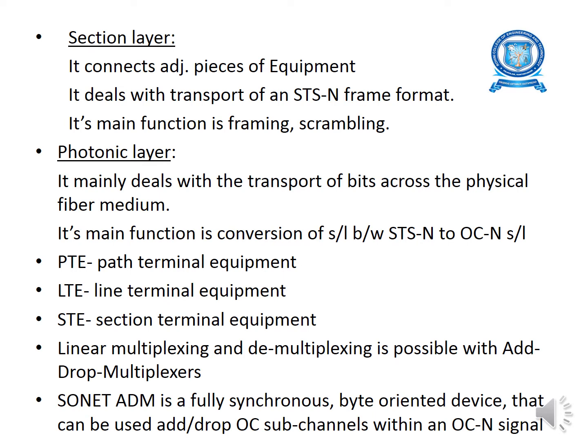Linear multiplexing and demultiplexing is possible by using an add-drop multiplexer. The add-drop multiplexer is a fully synchronous, byte-oriented device that can add and drop OC signal subchannels within OC-N signals.